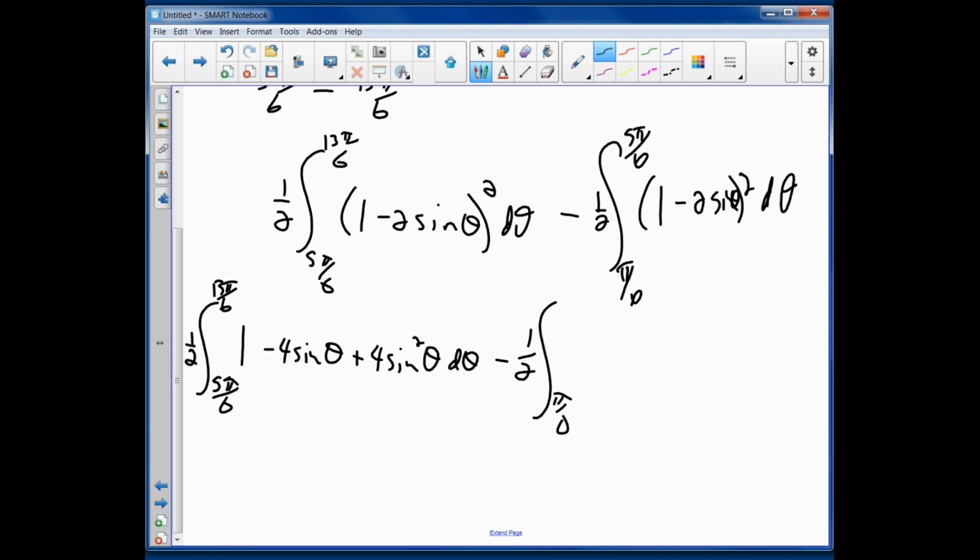Now that sine squared, we're going to have to use a reduction formula. Sine squared theta is equal to, I'm sorry, it's 1 minus cosine 2 theta over 2.